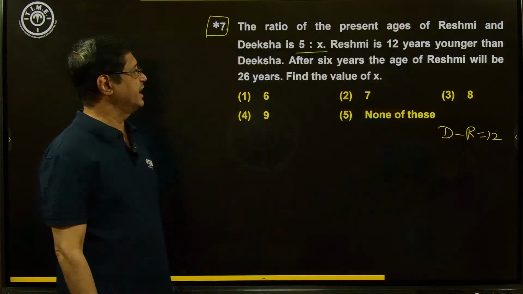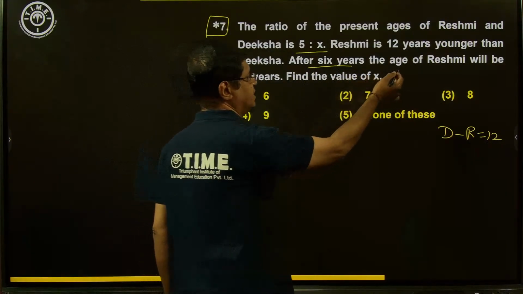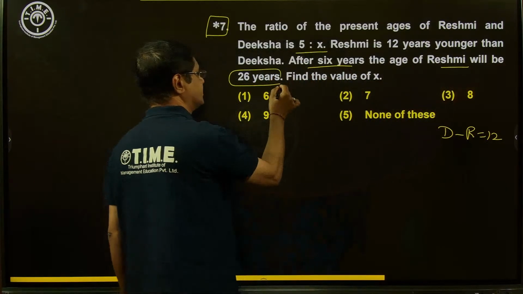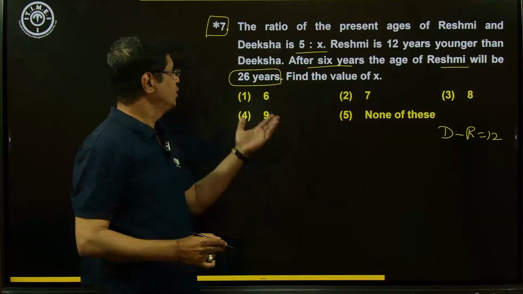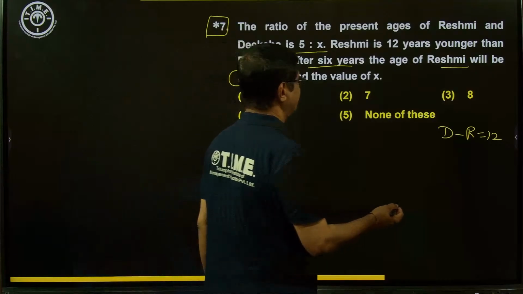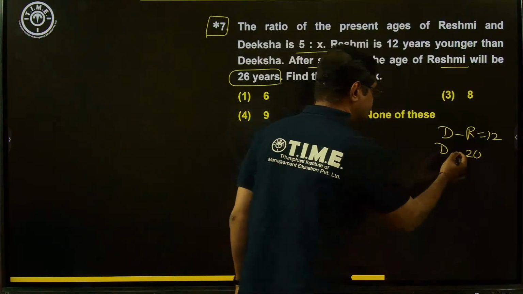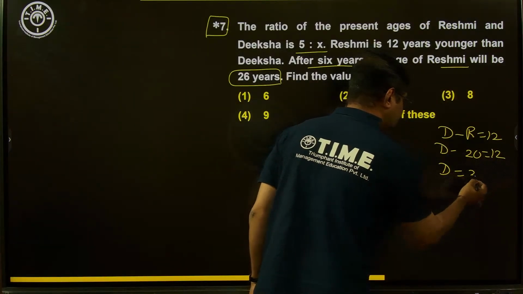After 6 years, the age of Reshmi will be 26 years. After 6 years, 26 means what about the present age? 26 minus 6, that is 20. So D minus 20 is equal to 12, means D is equal to how much? 32.